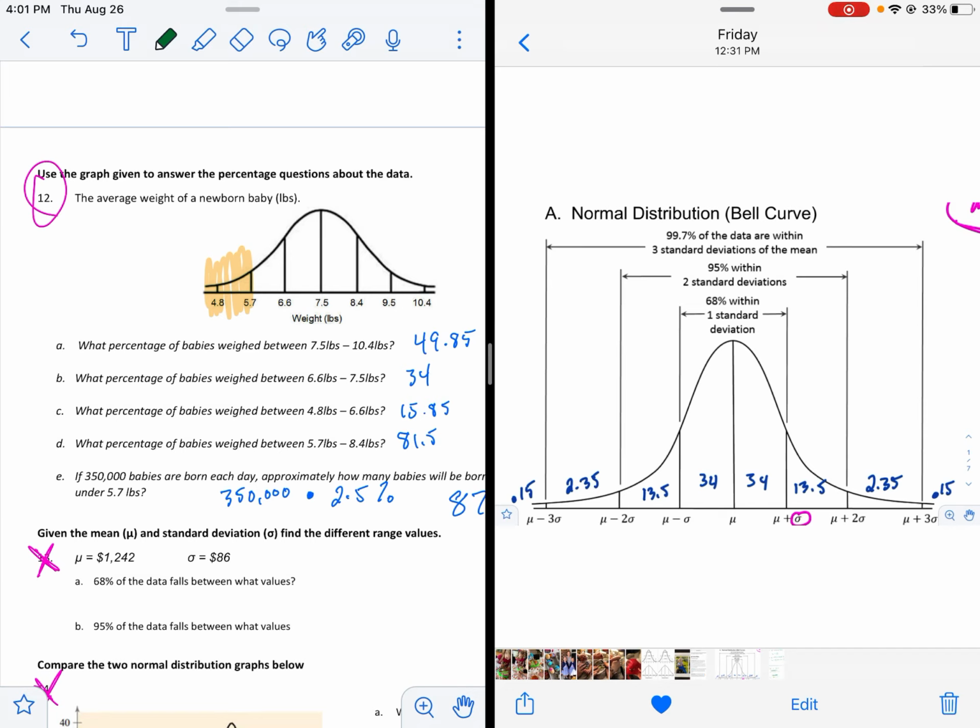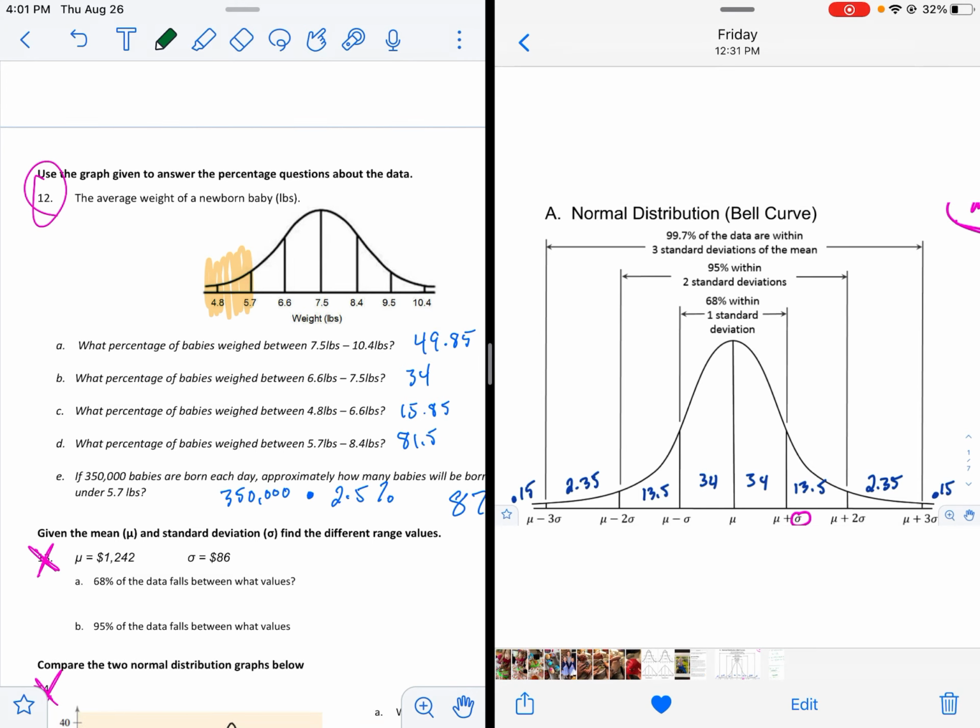I posted this on Google Classroom. What this tells us is 68% of the data fit between one standard deviation of the mean, one each way. So 68%. That's why in the middle here, 34 and 34.